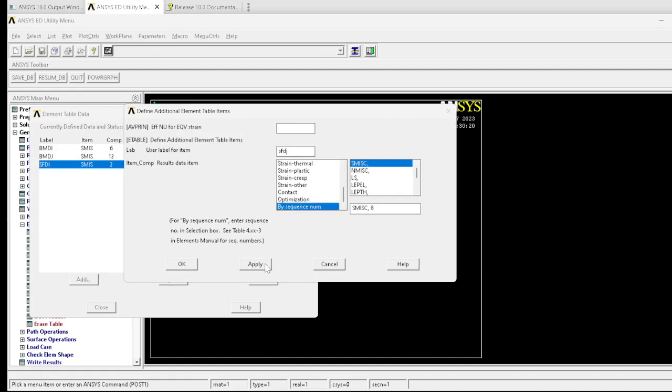And also they are asking, suppose if they ask stress, in the next problem the same questions will come. Now we are going to do for this problem only stress, that is bending stress. So stress for I node by sequence number, here a very important thing is we need to select LS.